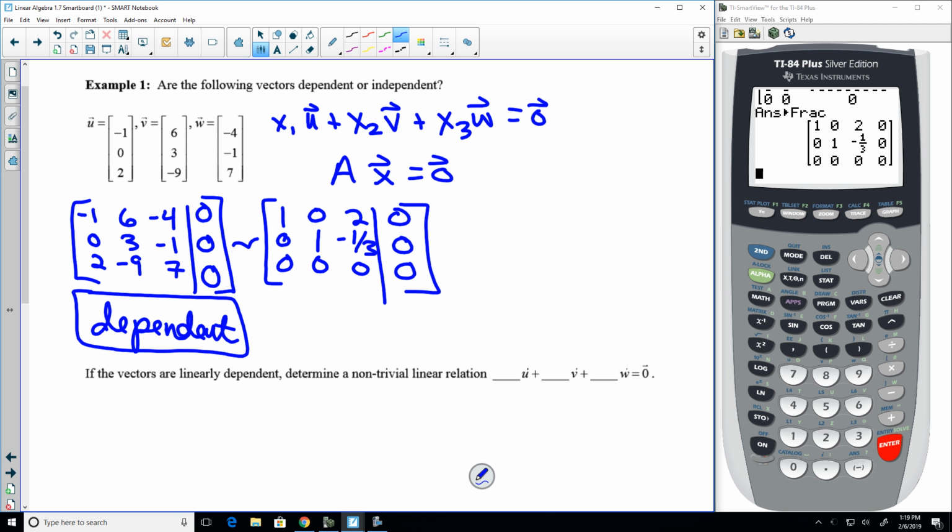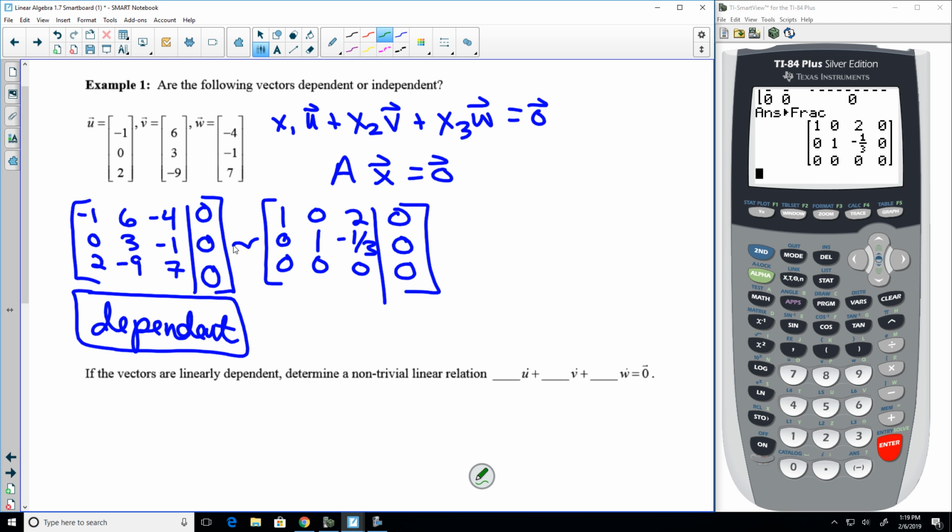So what that means is I can write at least one of these vectors as a linear combination of the other two. And I actually know exactly how to do that based on what we just did. Let's do this in green.